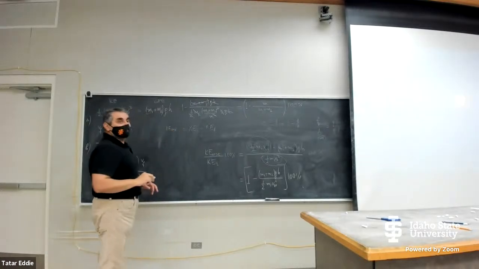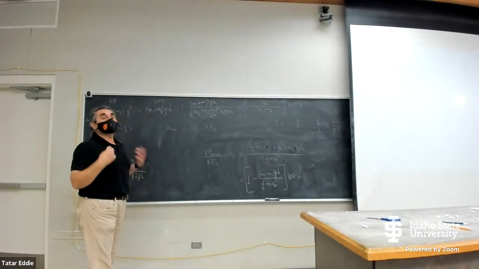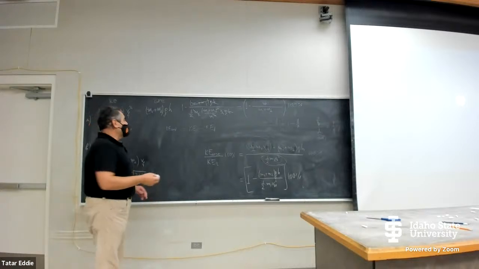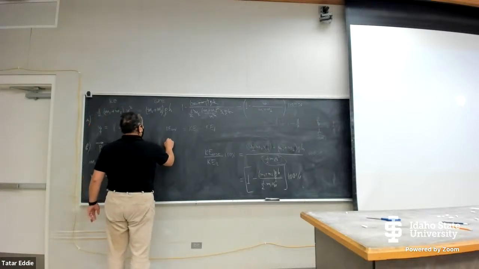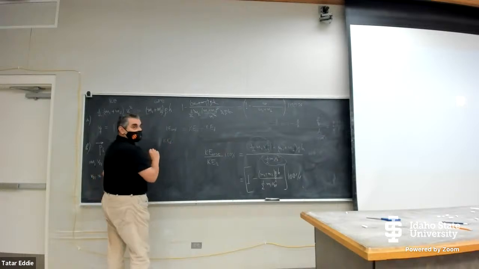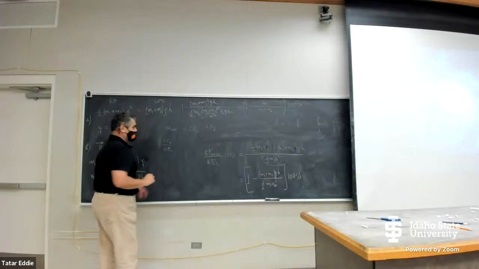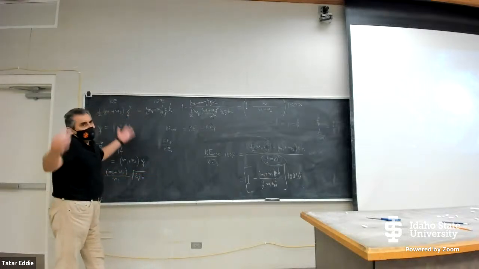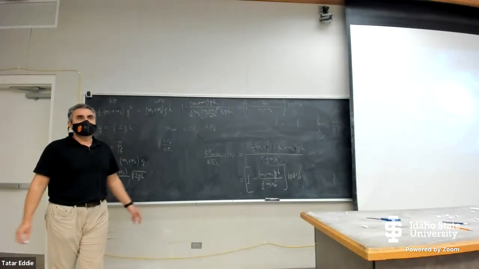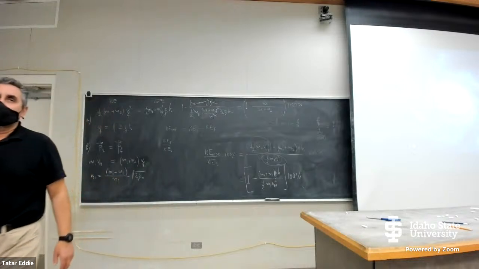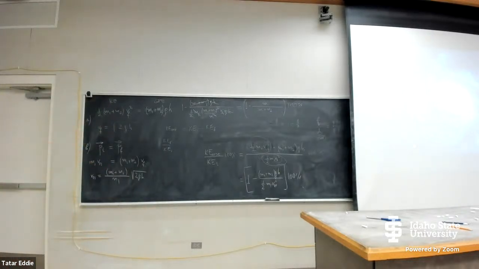If I want to see what percentage of the energy is left, I just say kinetic energy left divided by initial. Much simpler. But you can always do arithmetic like this. It's just simpler to think this way. So this is, I think, the last problem from the homework assignment for chapter 7.